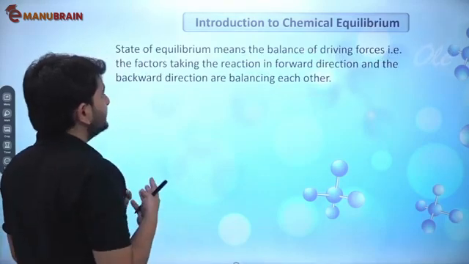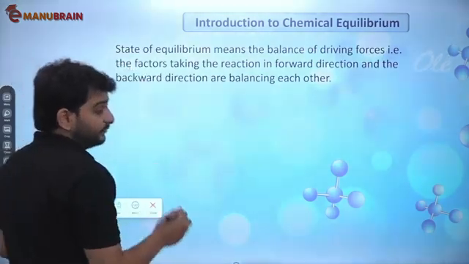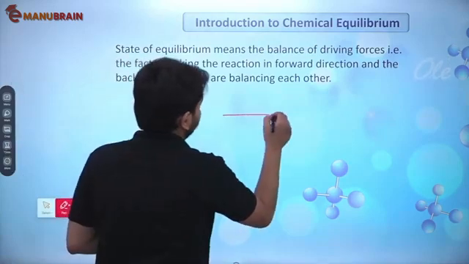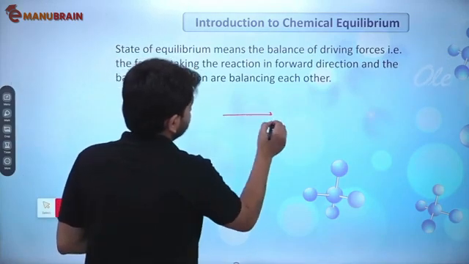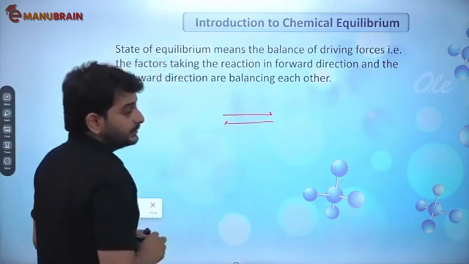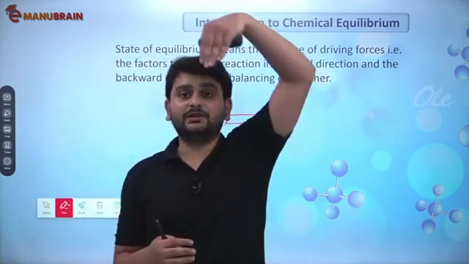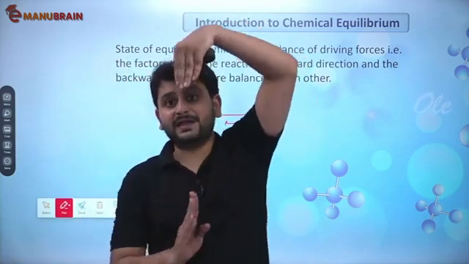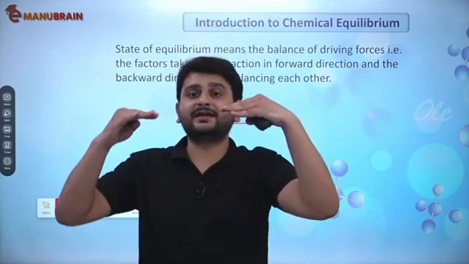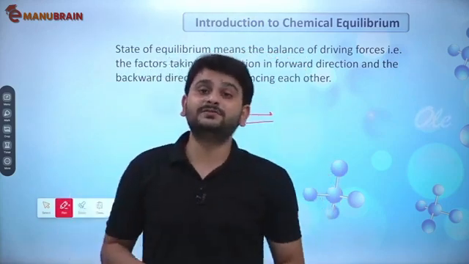State of equilibrium means the balance of driving forces. The forces that are taking the reaction forward balance the forces that are taking the reaction backward. You might have studied about forces in your physics. If one force is applied like this and an equal force is applied like this, the object does not move anywhere.